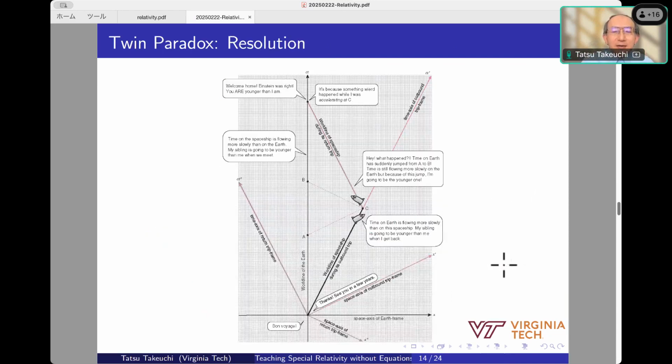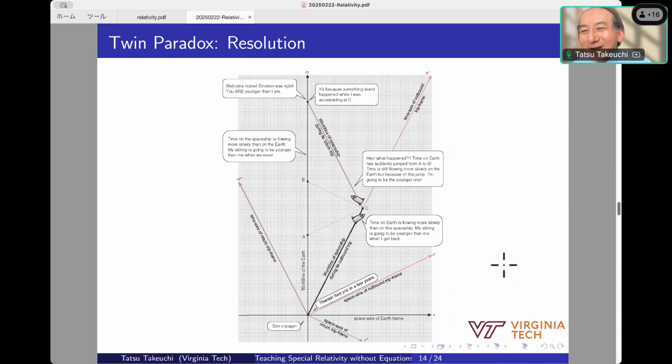And this space-time diagram explains it. The important thing to understand is that the two siblings, the twins, are not actually treated in a symmetric manner, because for the spaceship to come back to the Earth at the end of the trip, it has to turn around somewhere.